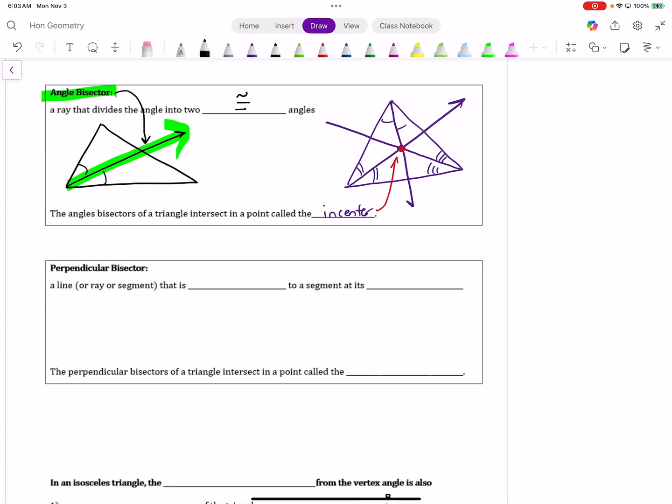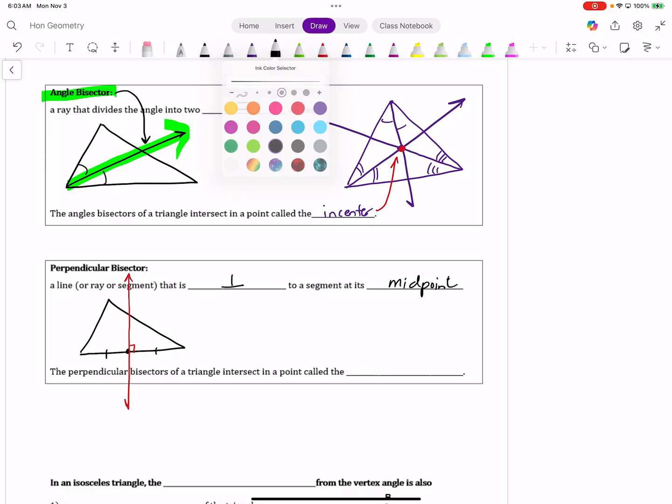And then a perpendicular bisector in a triangle is a line or ray, or whatever, that's perpendicular to a segment at its midpoint. Because you have to do two things: find the midpoint, so it's got to be a bisector, and it has to be perpendicular. Let's do these in a different color so you can see it. That would be a perpendicular bisector.